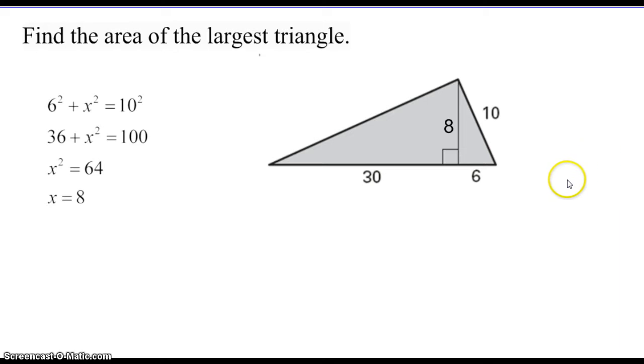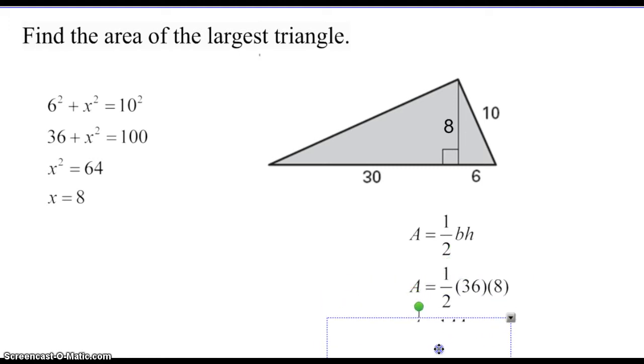So I have enough to use my formula, which is 1/2 base times height, and therefore I can just plug in 1/2 of 36 times 8. It does not matter if you multiply 36 times 8 and take half. It doesn't matter if you take half of 36 and then multiply by 8.